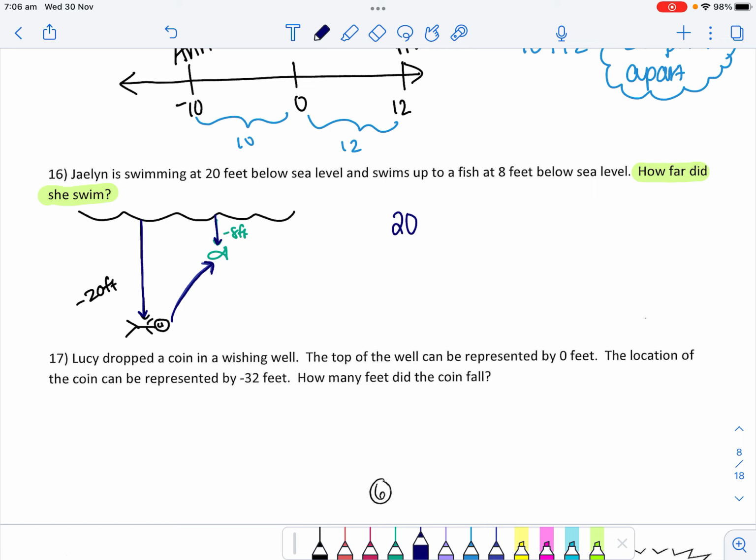So I'm actually going to subtract 8 feet because I'm on the same side of 0. Both of these values started in the negative, but distance can't be negative. And I'm trying to get from one to the other on the same side of 0, so I'm just counting the number of feet in between them. So 20 minus 8 is going to be 12 feet.